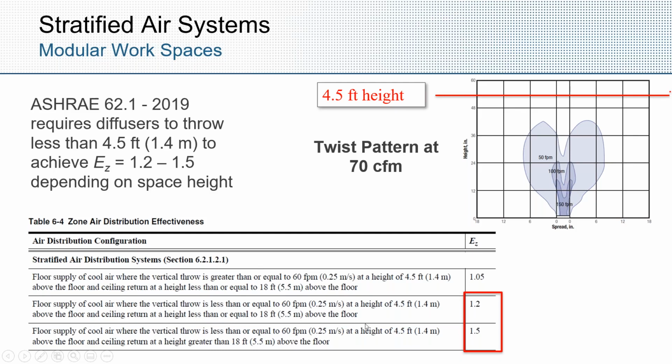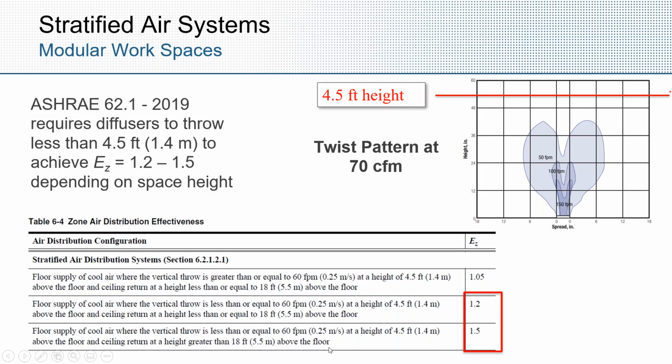So when supplying from the floor and not throwing above 4.5 feet, you can use a 1.2 zone air distribution effectiveness. That allows you to either get an improvement over, again, a dilution mix system, or allows a reduction in outside air through that ventilation rate approach.